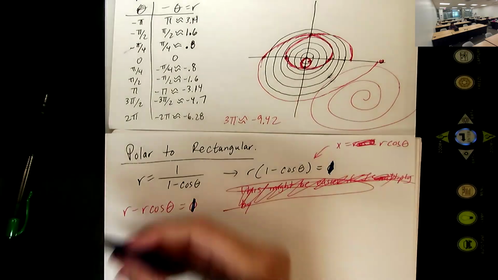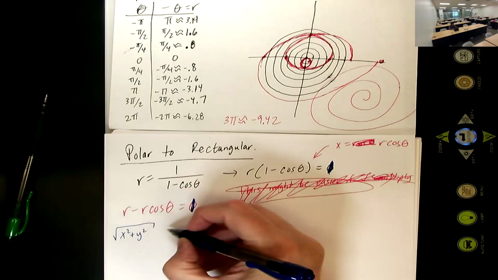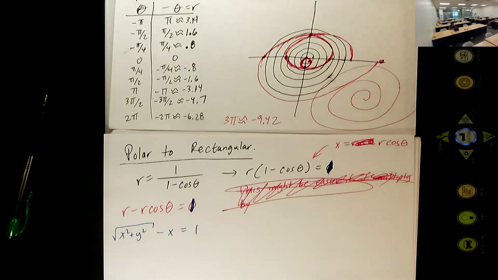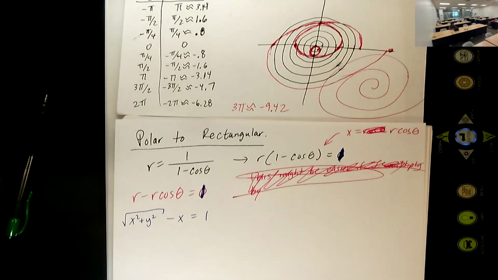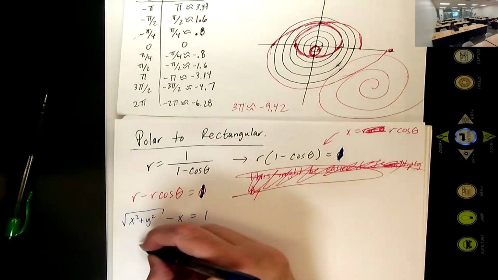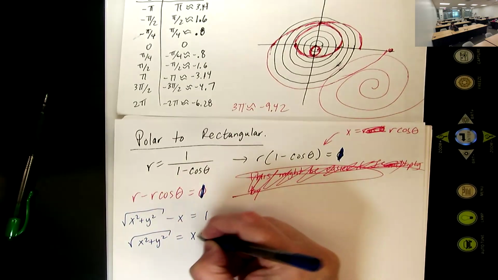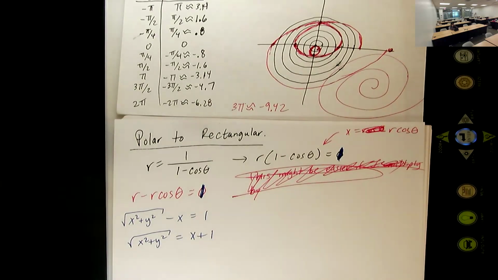And now when I switch to x's and y's: square root of x squared plus y squared, minus x, equals 1. Leaving it with the square root is bad form, so I'll add x to both sides.